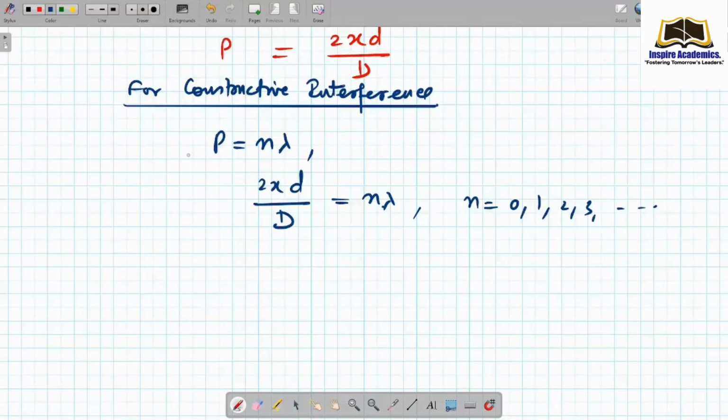So if I say, what do I get? The position of various bright fringes would be based on this.